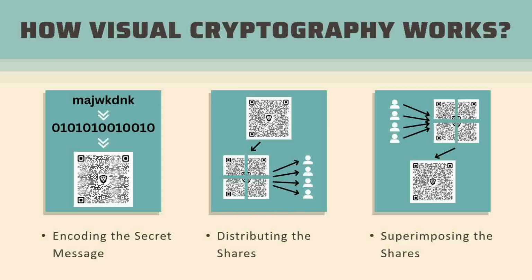Now this binary string is further converted into a QR code with the help of visual cryptography, and then this QR code is cut into four different parts and shared with four different people. The distributed QR code parts do not have any meaning individually, but when they combine the QR code in the right way, the whole QR code is together, and we can decrypt back our original text, which was MAJWKDNK, by just combining the QR code in the right manner.